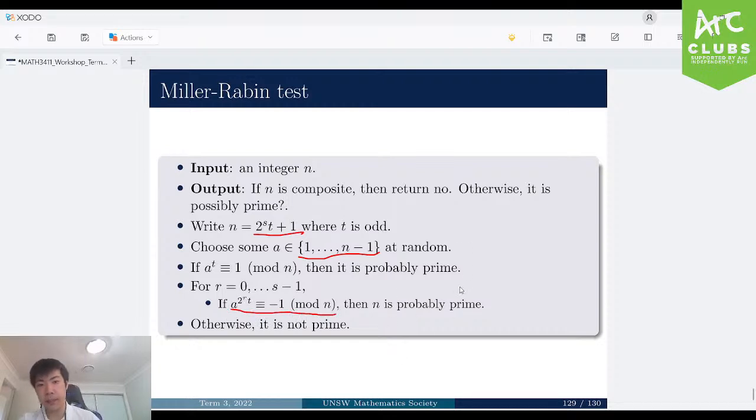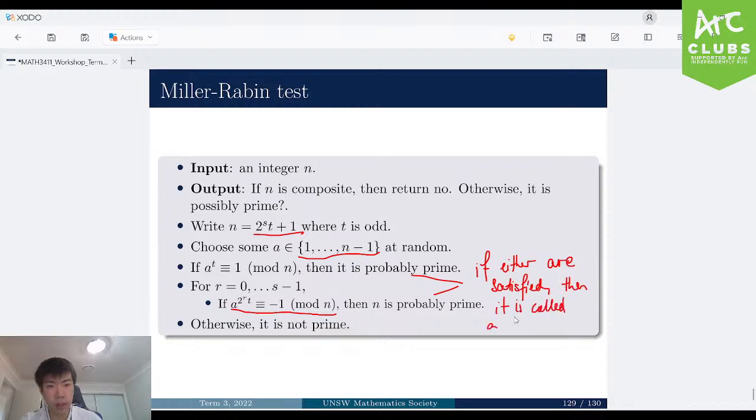In particular, if either of these are satisfied, then it is called a strong pseudo-prime base a.